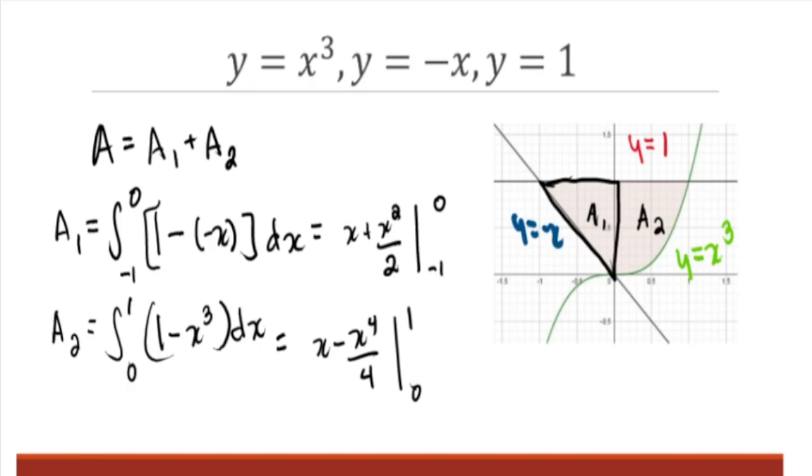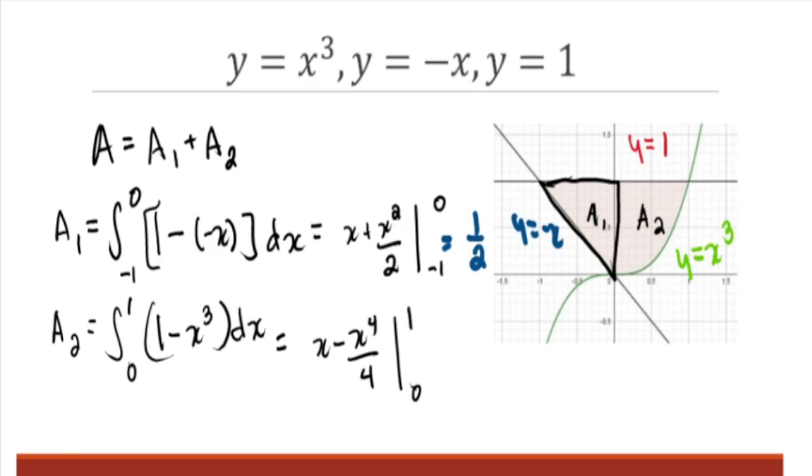This will give us, area 1 will give us, I'll just put it here, 0 for the first, then negative 1 plus 1 half. So that is negative 1 half, but minus, so this is just 1 half.